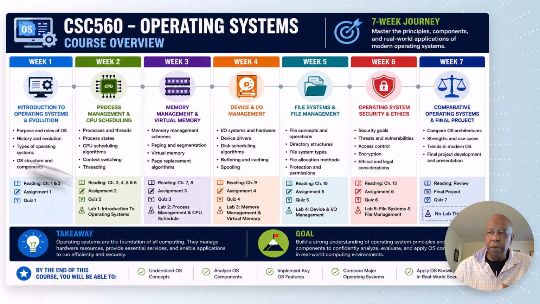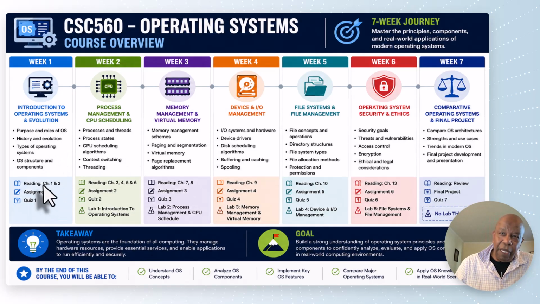Here at the top, you see reading chapters 1 and 2. These are coming out of the text, and the text is listed in the syllabus. Am I requiring you to purchase the text? No, I'm not personally requiring you. Will the text help you reinforce what we're talking about with operating systems? Yes.